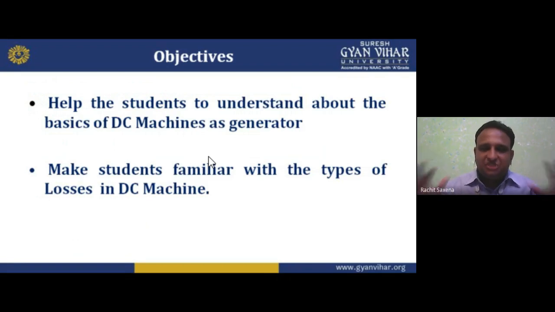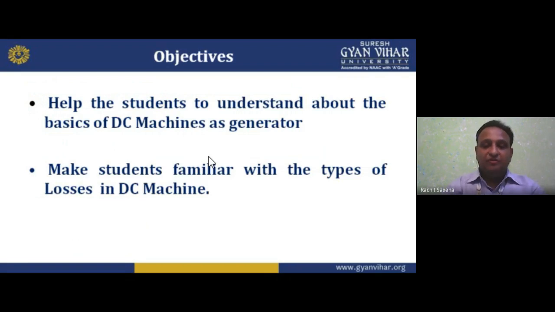The most efficient electrical machine is the transformer, because in a transformer we have fewer losses compared to a motor and generator. In a DC machine we have a rotating part, but a transformer doesn't have any rotating part. So I hope you understand.